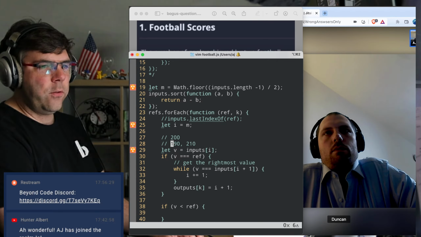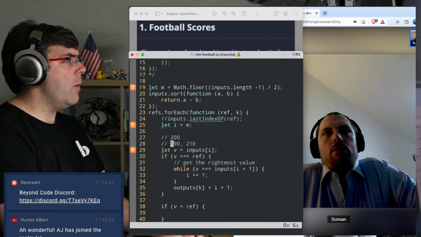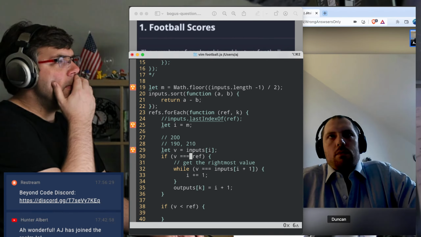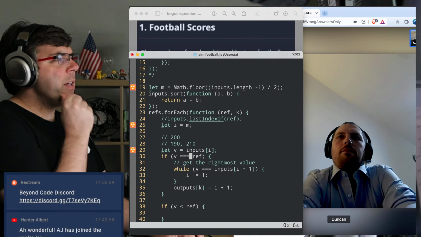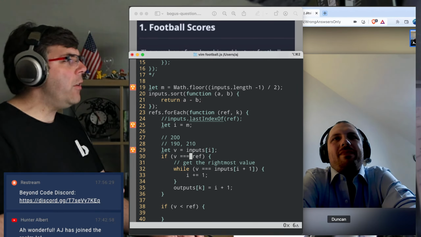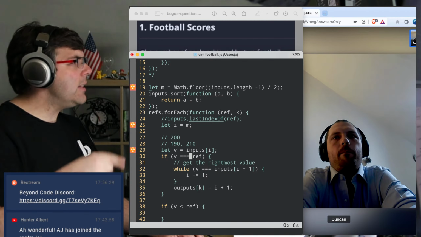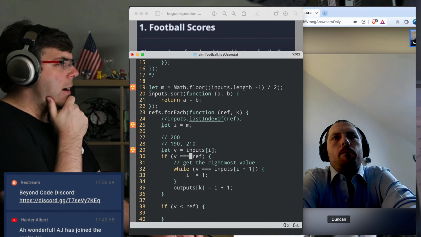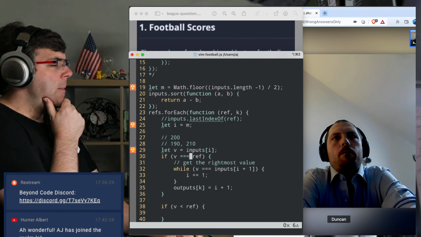That's a case that we have to solve for. So I can't actually check to see if it is. Oh gosh, this is frustrating because I have to find the greatest value that is less than or equal to the reference. So I think binary search is the right way to go about this.